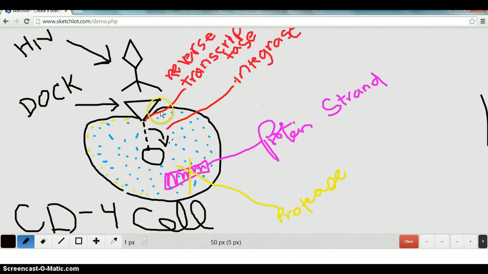And the enzyme that's responsible for doing that is called reverse transcriptase. So as it goes into the cell, integrase is the enzyme that is used to insert the newly formed HIV DNA into human DNA. Now, at this point, the person is considered infected.